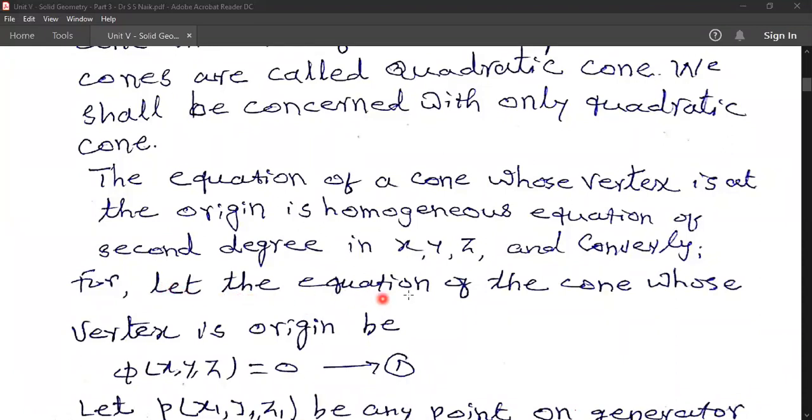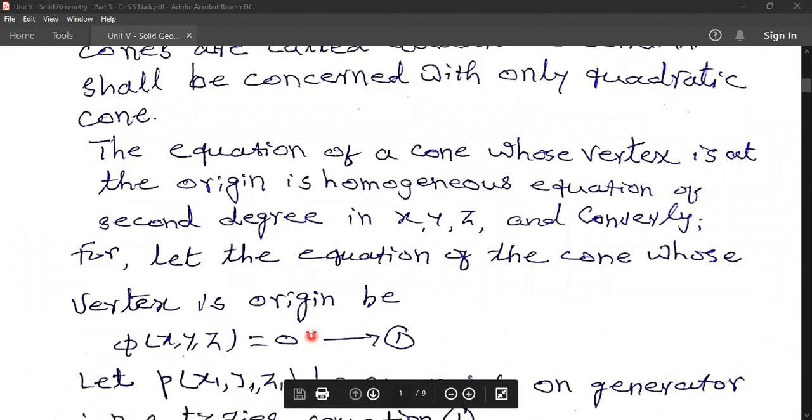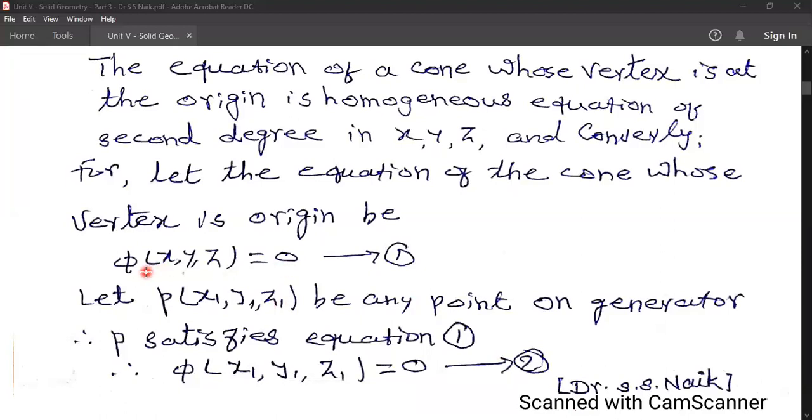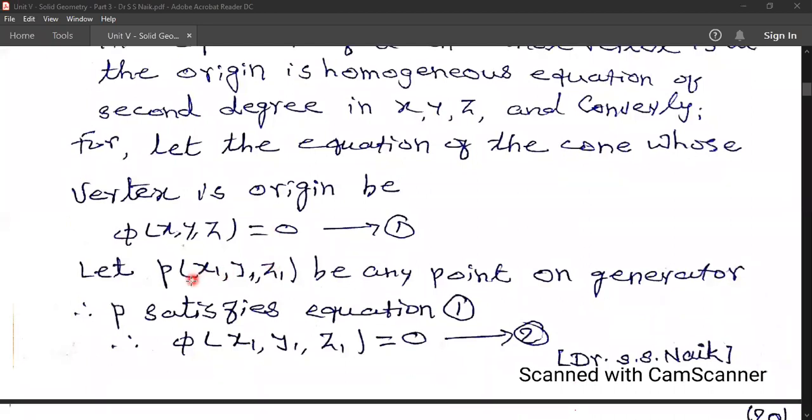Let the equation of a cone whose vertex is the origin be phi of x, y, z equals 0. This is equation 1. We want to show that this is a homogeneous second degree equation in x, y, z. Let P(x1, y1, z1) be any point on the generator.